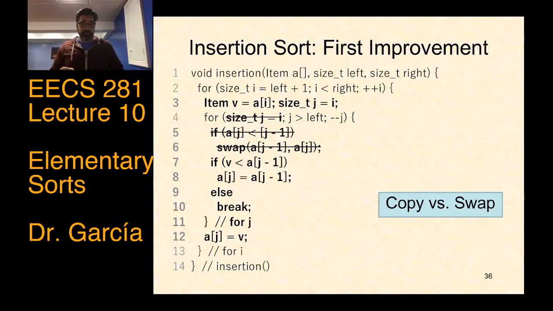That means we no longer have a swap, and this if statement, which was used for the correct swapping of things, is no longer needed. Now, we do need to keep track of the item that we're currently looking at. So we have item V, which is the value at position I in the array.